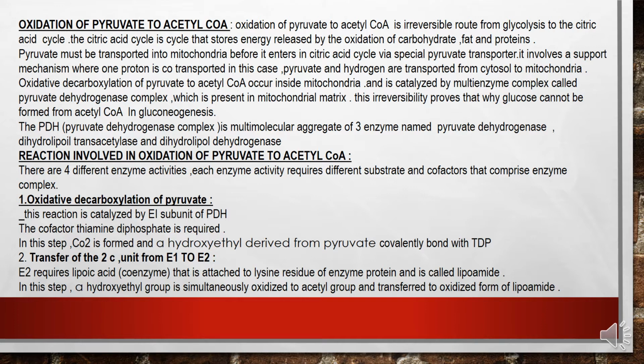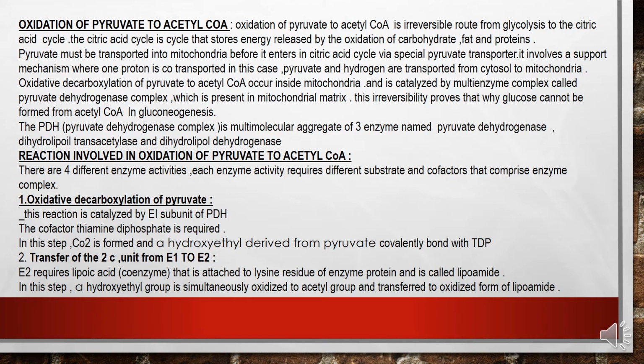Oxidative decarboxylation of pyruvate to acetyl coenzyme A occurs inside the mitochondria, and it is catalyzed by a multi-enzyme complex called the pyruvate dehydrogenase complex, which is present in the mitochondrial matrix. This irreversibility explains why glucose cannot be formed from acetyl coenzyme A in gluconeogenesis.